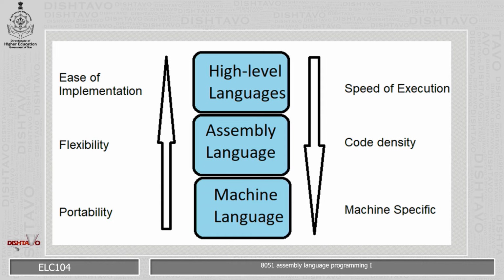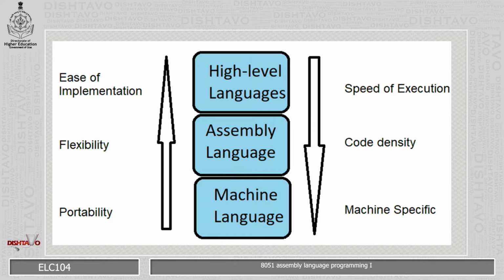Let us see now, as we move from machine language towards the high level language, what happens. As we move from the machine language to the high level language, the portability increases. By portability, I mean that the machine level language is not so portable.